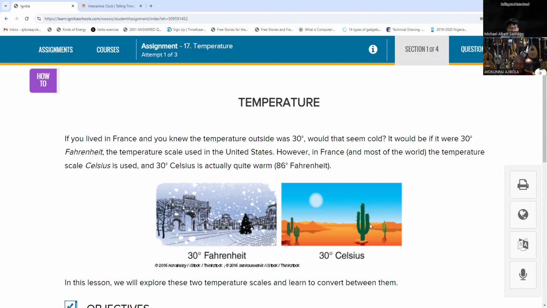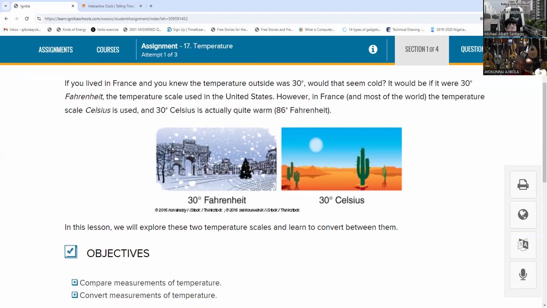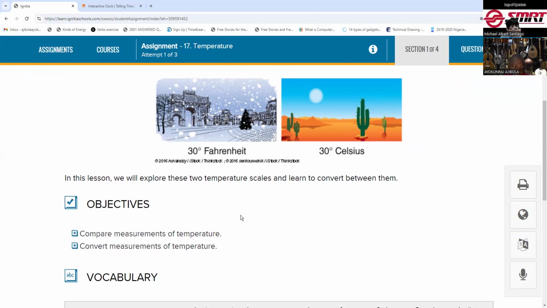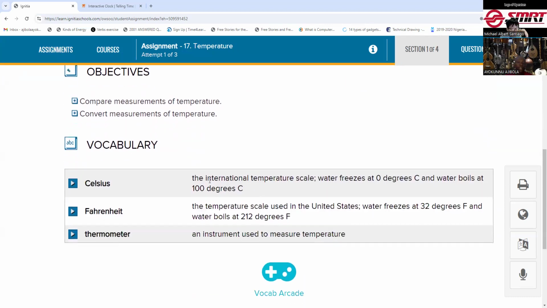So approximately, we say if you add 50 to Celsius, you get Fahrenheit. In this lesson, we'll explore the two temperature scales and learn to convert between them. Celsius is the international temperature scale.